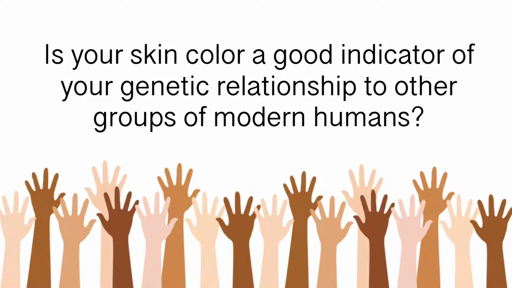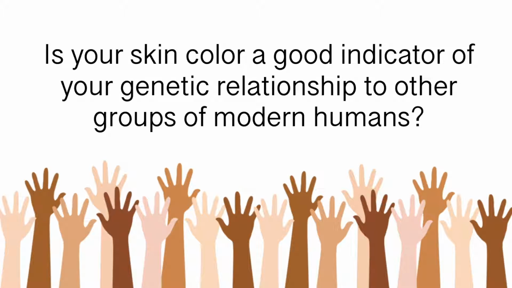Take, for example, an instance where you're sitting in a classroom. And in that classroom, you look around and there's lots of individuals with various levels of skin pigmentation. If you were to look at two individuals with light skin or two individuals with dark skin, do you think it would be safe to make the assumption that the two individuals with darker skin would share more of their DNA and would be more closely related in their ancestry?